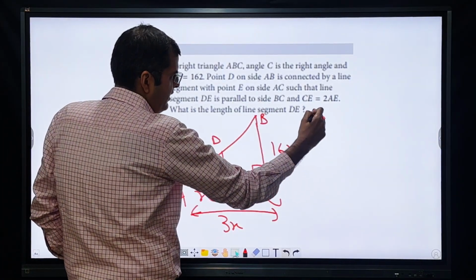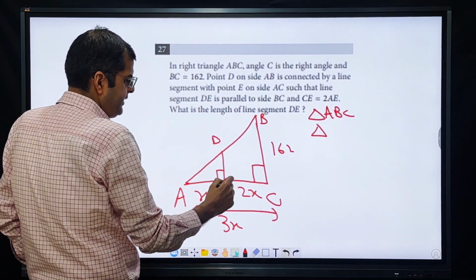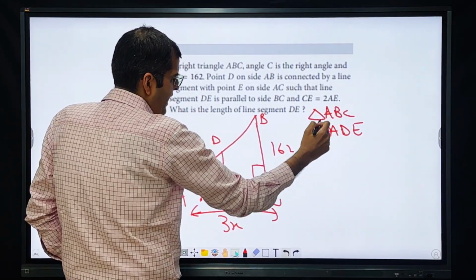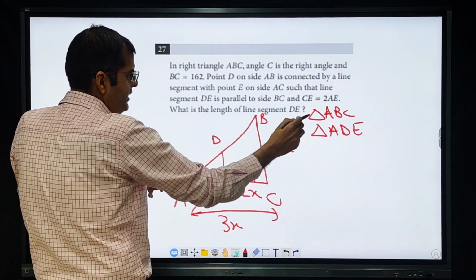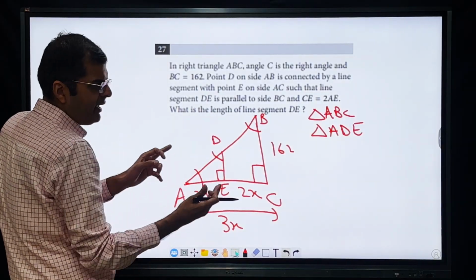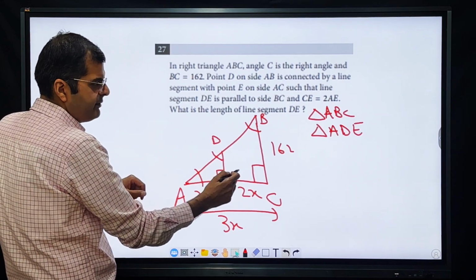If I compare triangle ABC and triangle ADE, in both the cases angle A is the same. Angle B in this case is the same as angle D, because BC and DE are parallel, and angle C and angle E are the same because they are 90 degrees.